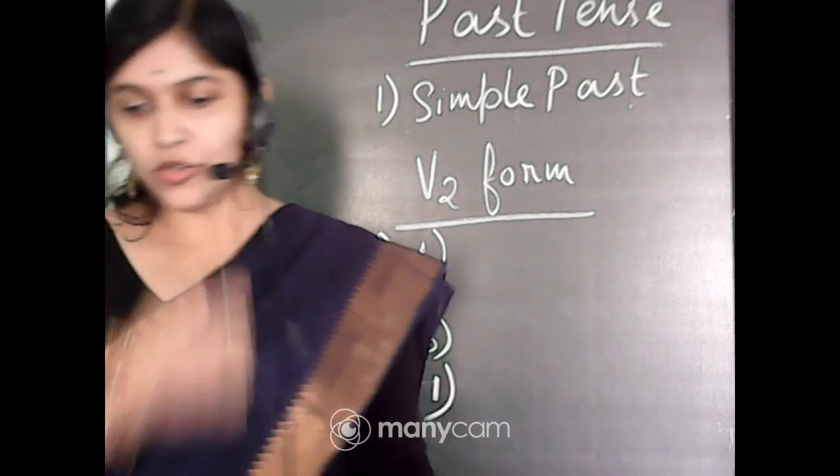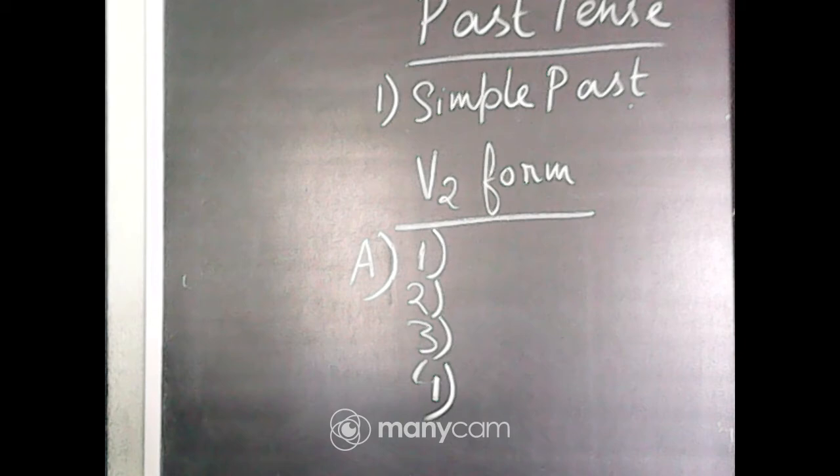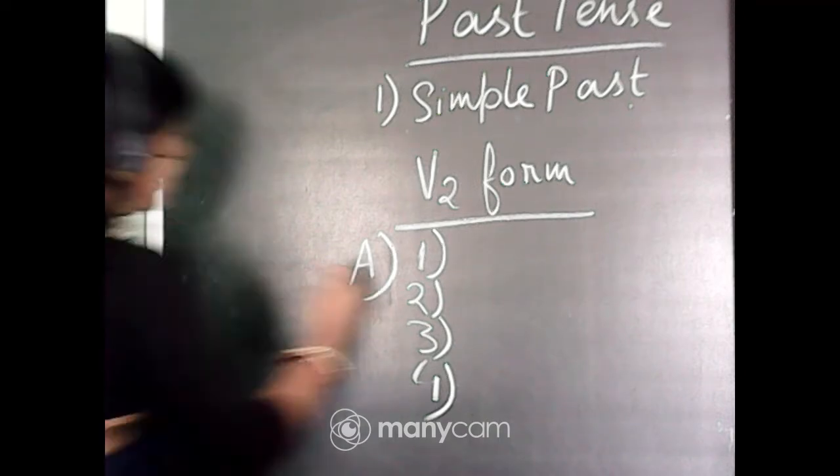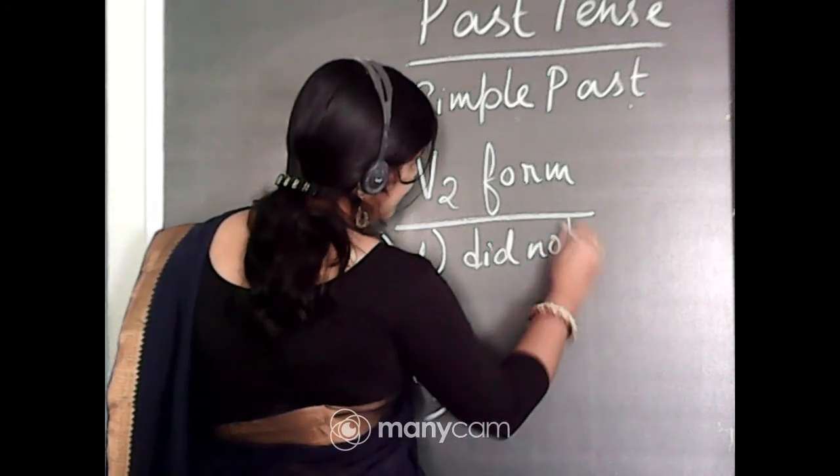Okay. So did you complete it? Number 1, did not leave. Number 2, yeah, 8, then alerted, then... so easy. Shouldn't be given for class 8 students.